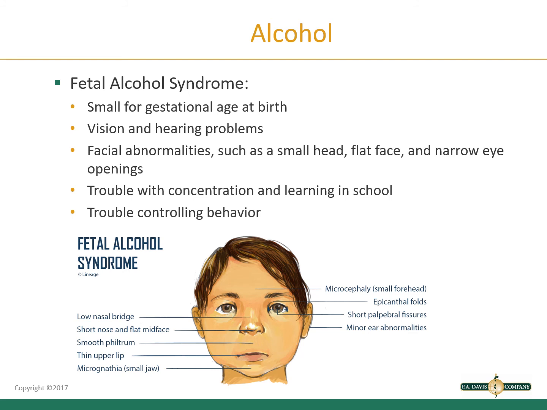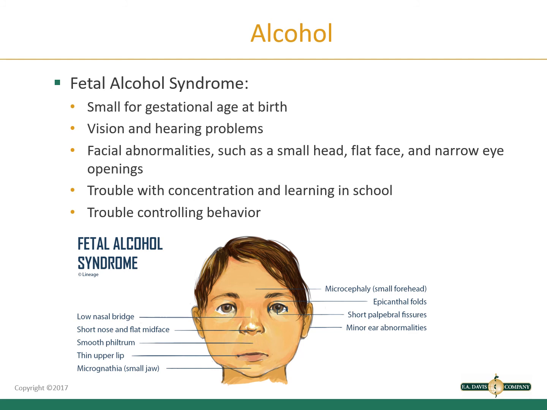The problems caused by fetal alcohol syndrome will vary from child to child. However, the defects caused by fetal alcohol syndrome are not reversible. There is no amount of alcohol that's known to be safe to consume during pregnancy. If you drink during pregnancy, you're placing your baby at risk for fetal alcohol syndrome.